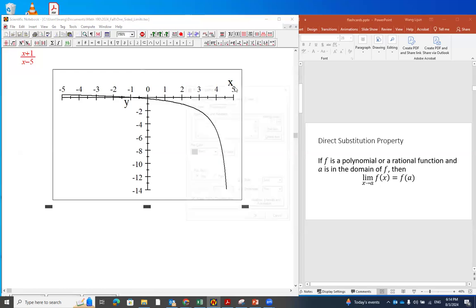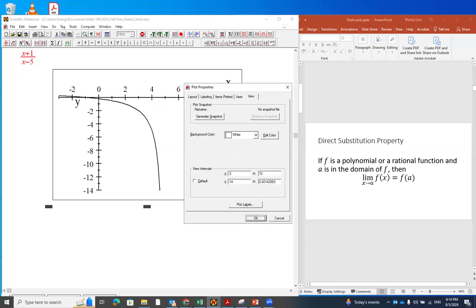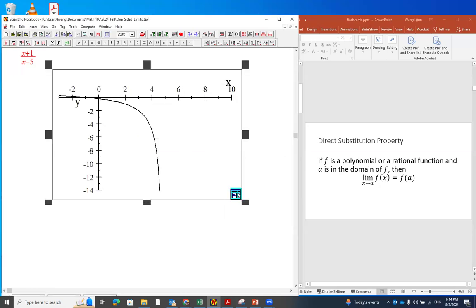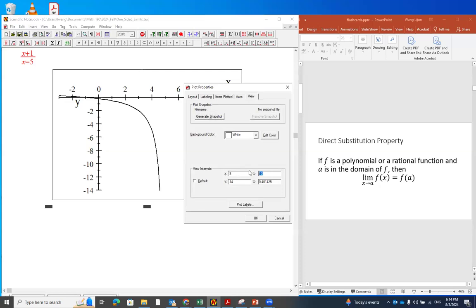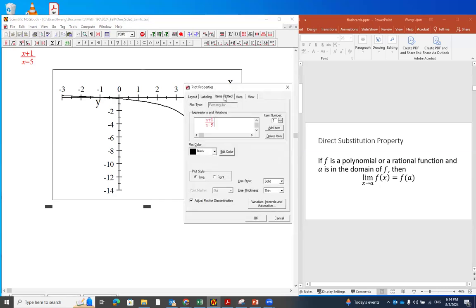Obviously, at 5 it's undefined. And so make this maybe 6. All right, so x equals 5 is the vertical asymptote.